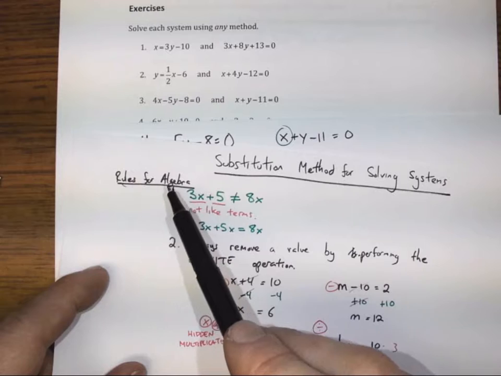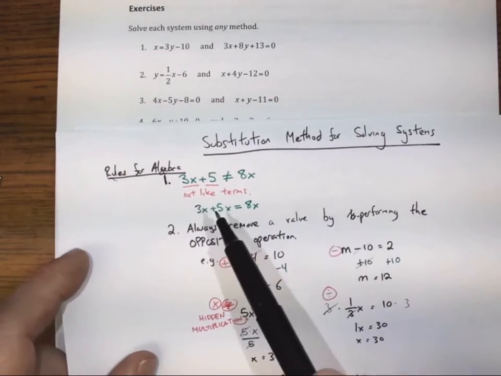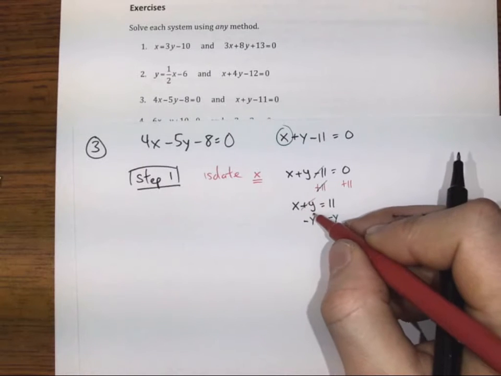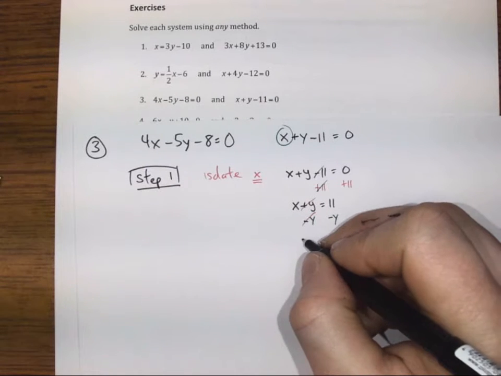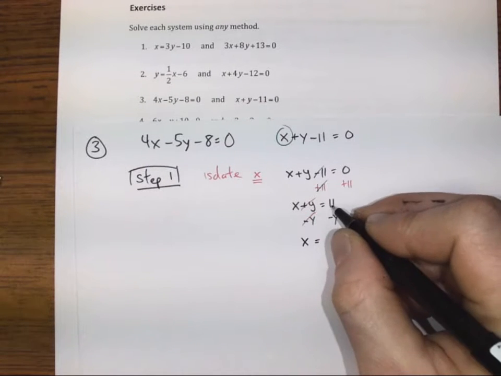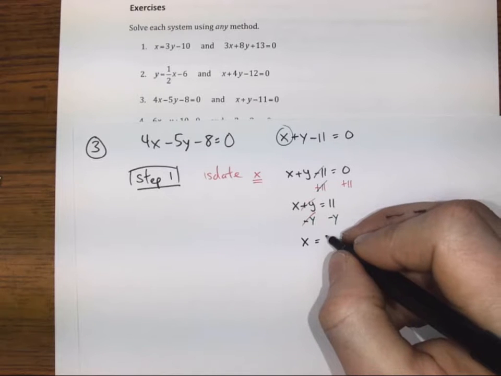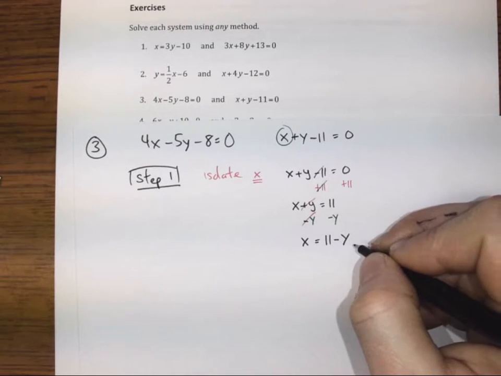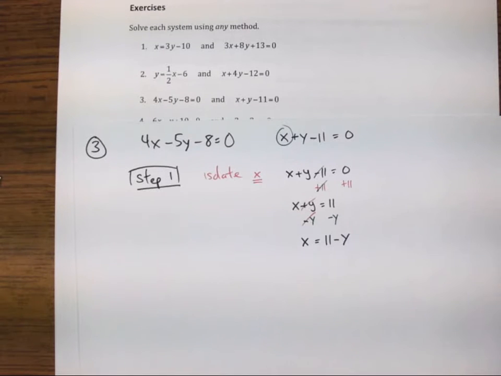That's our rule of the game number 1. Not allowed. So our y's on the left cancel out, leaving us with x is equal to 11 minus y. It doesn't simplify. They're not like terms.